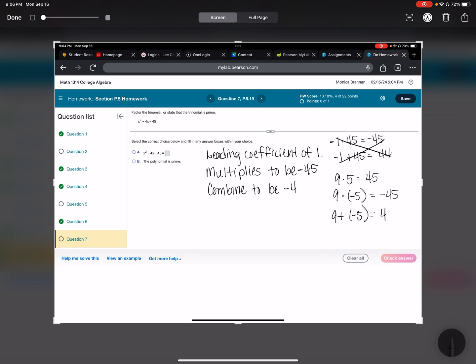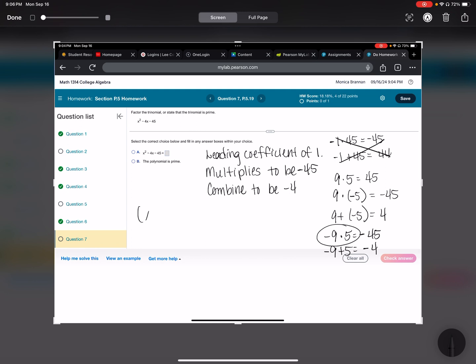Do I need a +4? Nope, I needed a -4. So let's think about it. If I used a -9 times a +5 this time, that is going to give me a -45. And then if I use -9 plus 5, what do I get? -4. Okay, so this tells me right here that -9 and 5 are what is going to work out here.